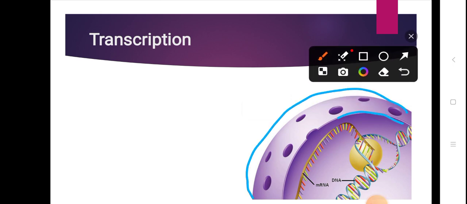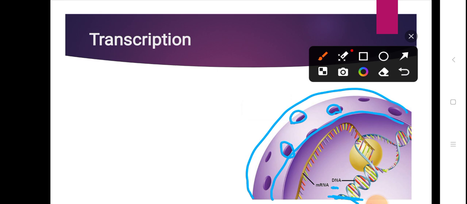And this is the nuclear envelope that contains many pores that are called nuclear pores. Inside the nucleus, here we have DNA, a nucleic acid, that is found in the form of what? In the form of a double helix, two strands twisted with each other, as you see.